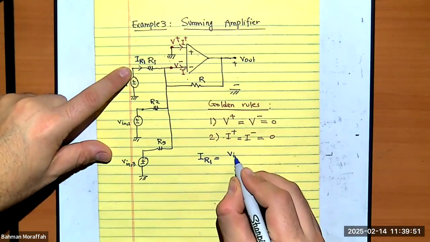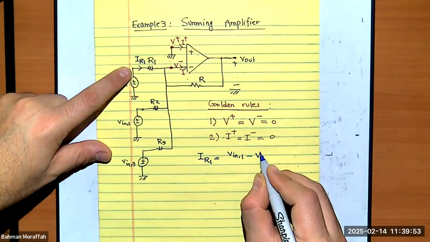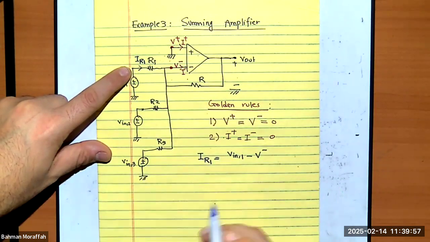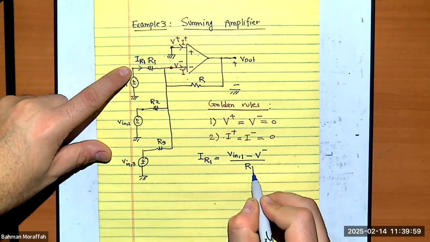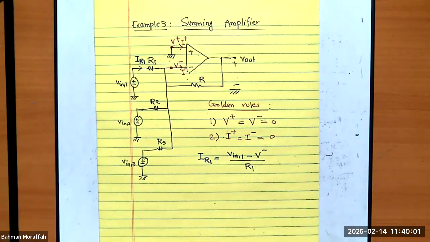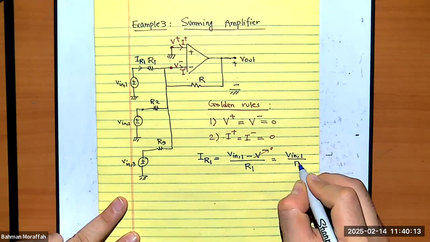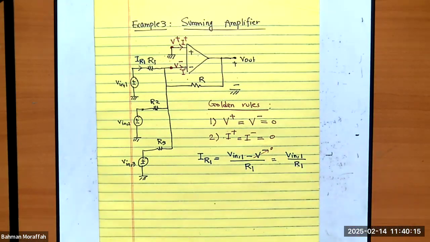That's VN1 minus V negative, because at this node I have V negative, divided by R1. You with me? What is V negative? That's 0. So that is VN1 divided by R1.